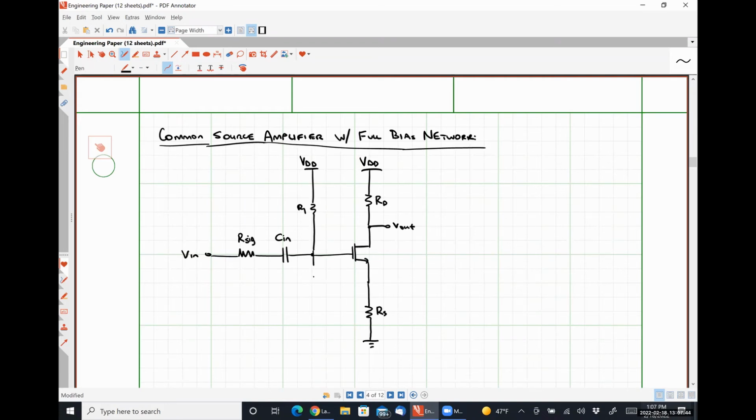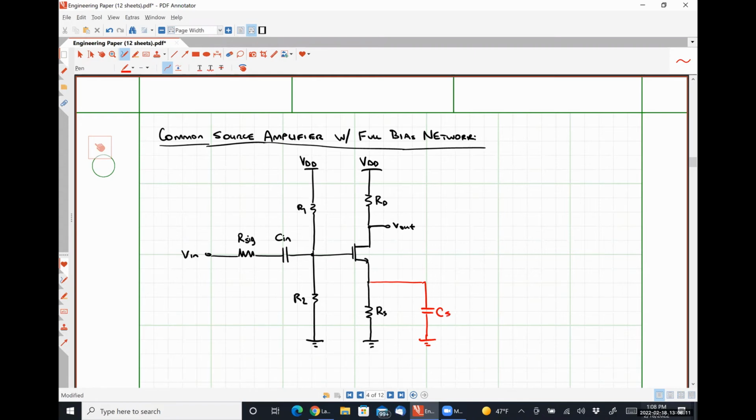This is VDD. Here's our resistance R2. And then as an optional thing, we may choose to place a capacitor CS in parallel with our resistance RS.